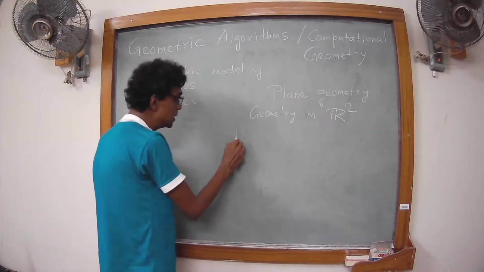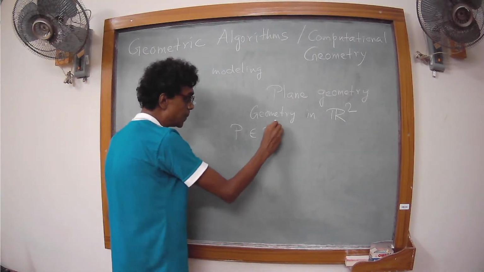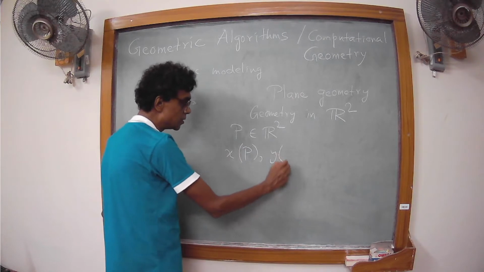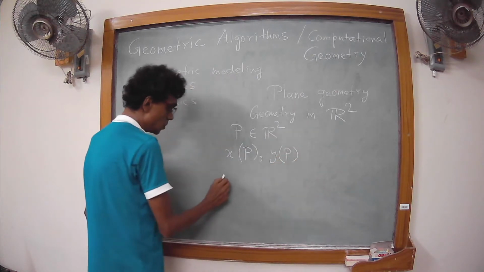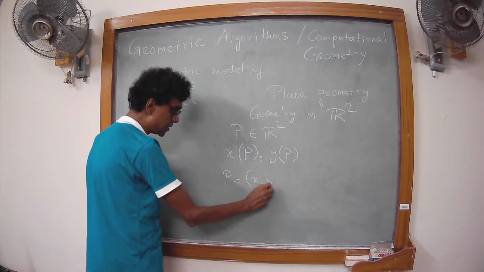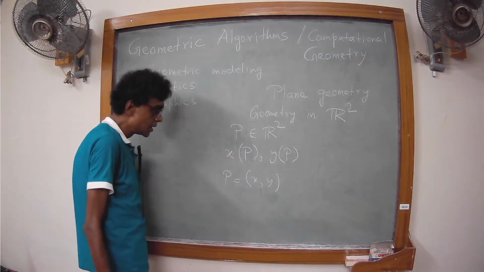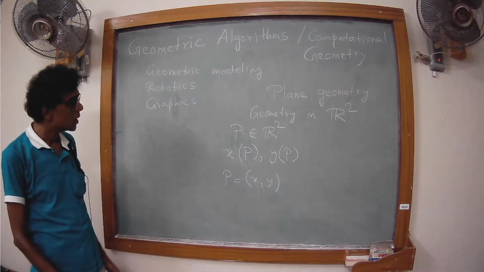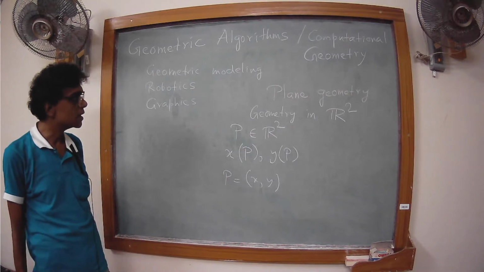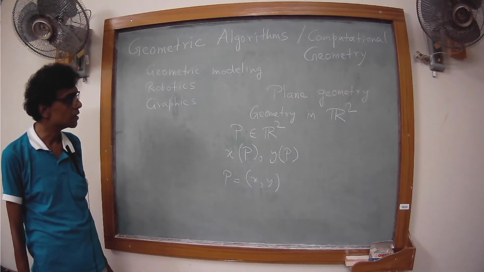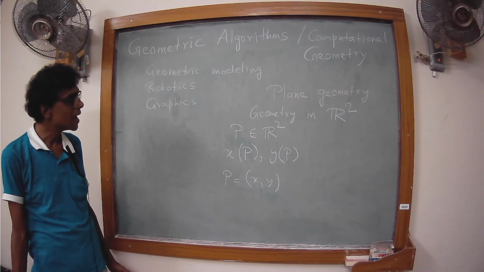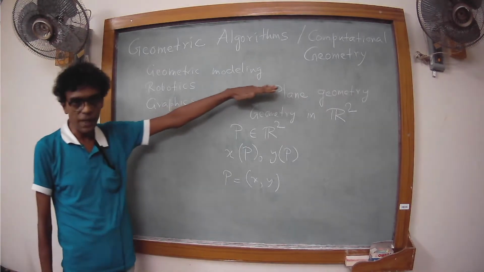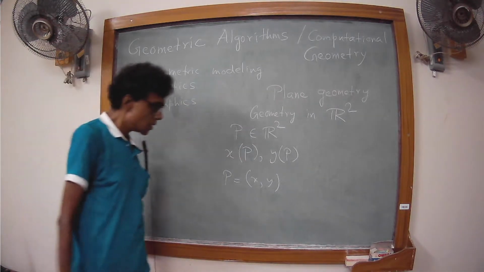Every point P in this Euclidean plane has 2 coordinates, xp, this is the x coordinate, and yp, this is the y coordinate. So P is written like x comma y, where x is the x coordinate of P, y is the y coordinate of P. Of course, we have higher dimensional geometries like 3-dimensional geometry, 4-dimensional geometry, and in general any d-dimensional geometry. But in this course, we will restrict only to plane geometry.